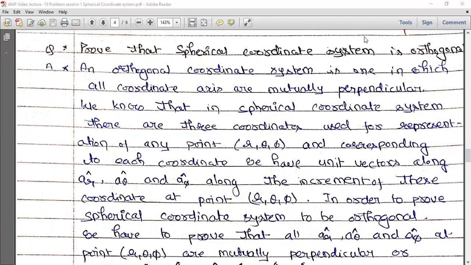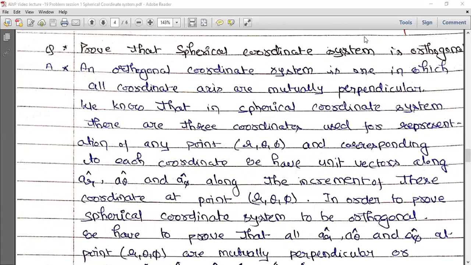We know very well that an orthogonal coordinate system is one in which all three coordinate axes are perpendicular to each other, or you may say the unit vectors along all the coordinate axes are perpendicular to each other.